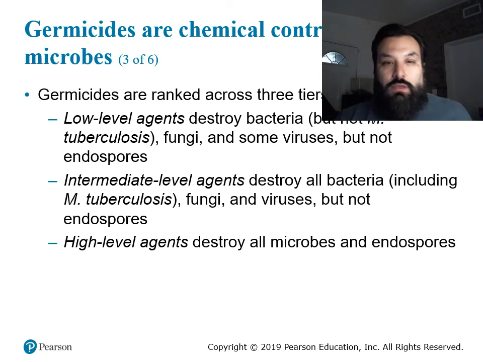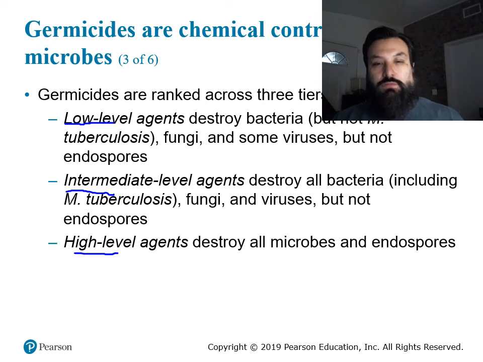Okay. So germicides are actually ranked in three ways: a low level, an intermediate level, and a high level. Which one are you? A low level will destroy almost all bacteria, with the exception of, for example, mycobacterium like tuberculosis, some fungi and some viruses, but not endospores.